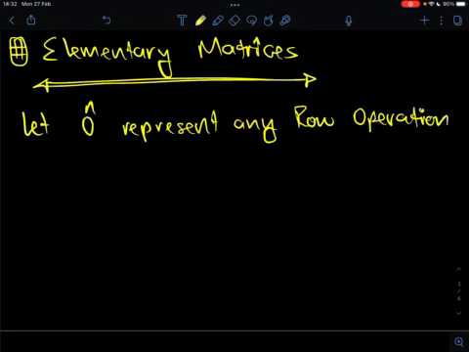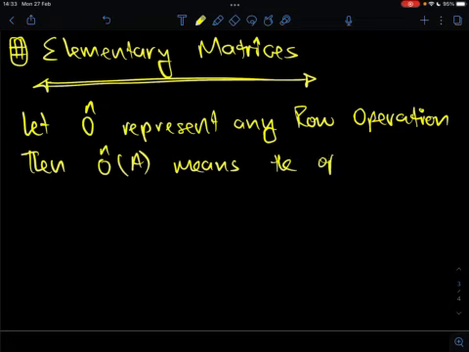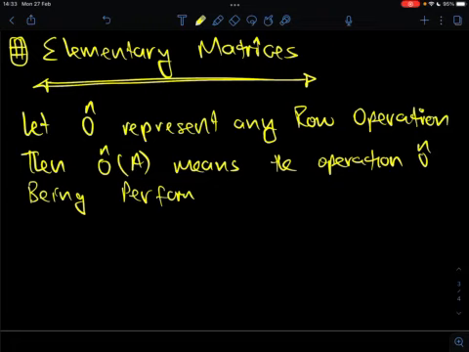So O can stand for any of those three operations that we've introduced. Then one thing you should understand is that OA means the operation O being performed on matrix A.